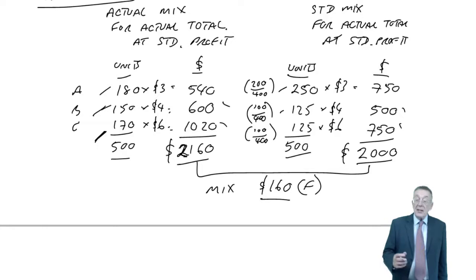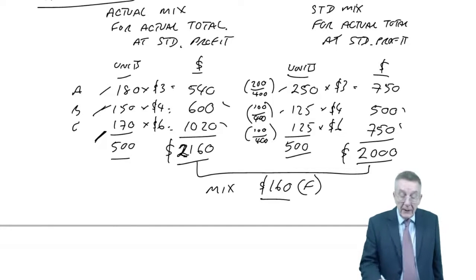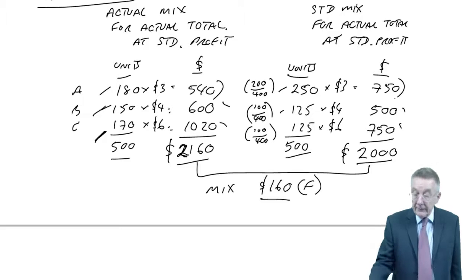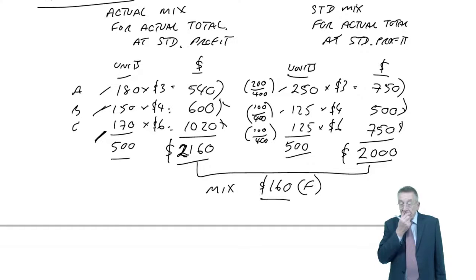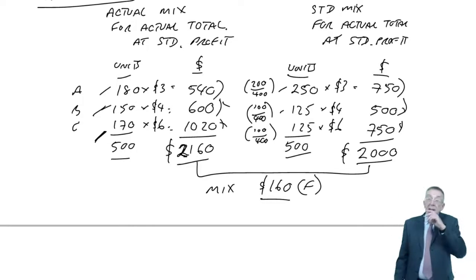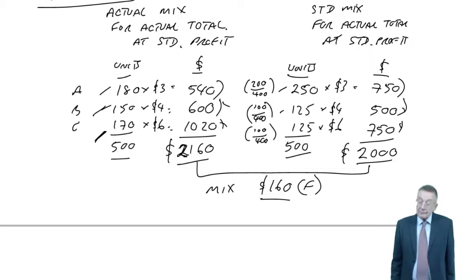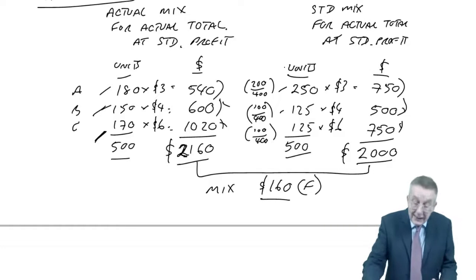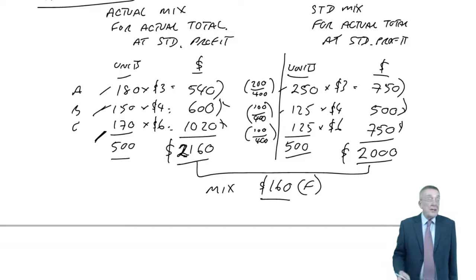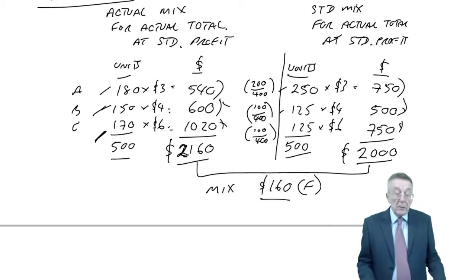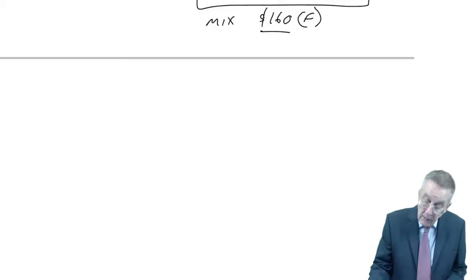A bit like mix and new, but I won't write it down here. If you were asked to analyse it between the three products, A, 540 is against 750, B, 600 is against, I think you all know what I mean. All right, so that's part of the reason, but the other reason, of course, I mentioned earlier, is that even if we had sold them at the right mix, obviously you'd have expected more profit anyway because we sold more units.